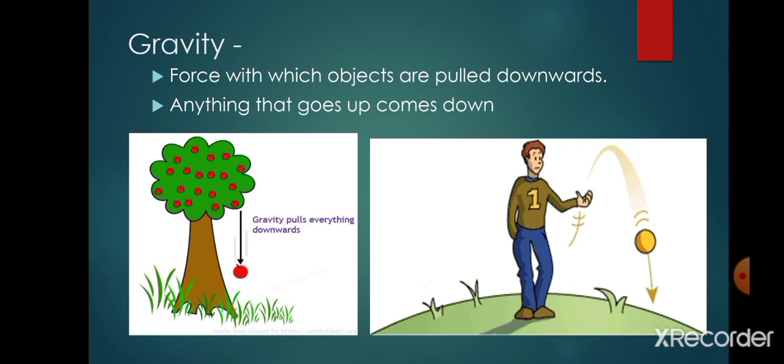And the other is a person who has thrown a ball up, but eventually it will come down. Why? Because of the force of gravity. If there was no gravity on earth, we all would be floating in the air. Due to the force of gravity, whatever goes up will come down for sure.